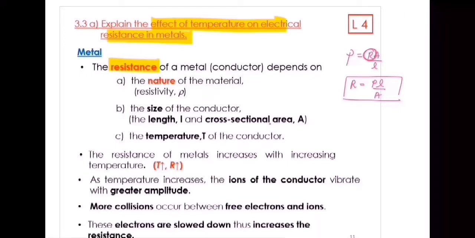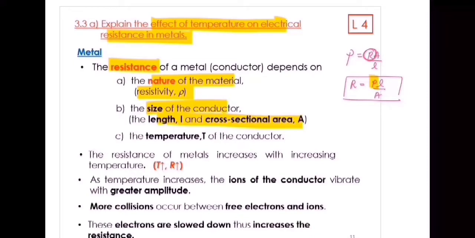So the resistance is affected by the nature of the material, which is the resistivity, rho. Whether the material has high or low resistivity, whether it is a conductor or an insulator, affects the resistance. Next, the size of the conductor, the length and the cross-sectional area.